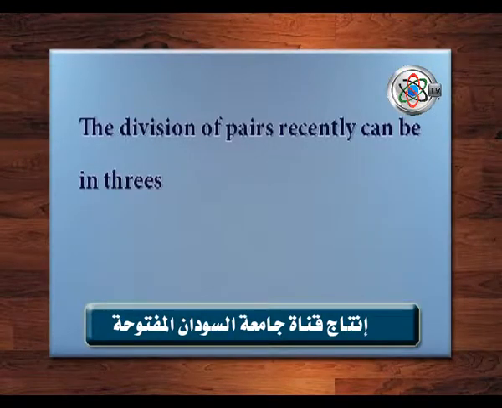Pair work can be divided into threes. Each three together can be a pair, although pair means two. Why? The philosophy behind this is that two of these students might not be on good terms, or just before stepping inside the classroom they quarreled. So the third can act as a referee.